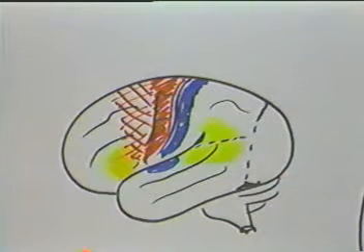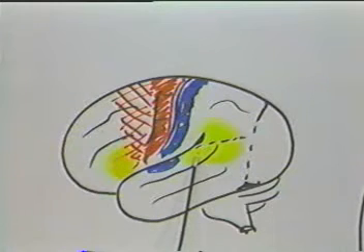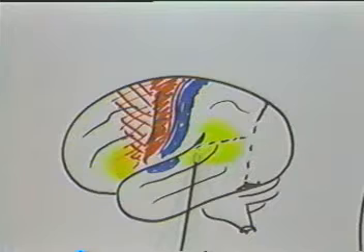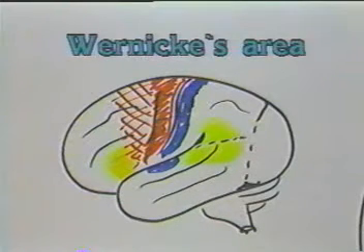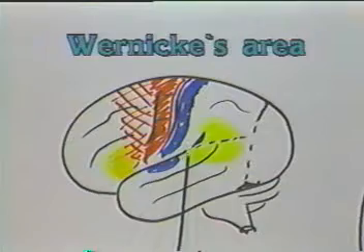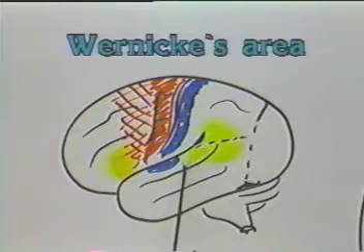This more anterior part of the language area, in the superior temporal gyrus, is really the part referred to as Wernicke's area, after a Polish neurologist who just about 100 years ago recognized the presence of an auditory speech area or auditory association area for the understanding of the spoken language.